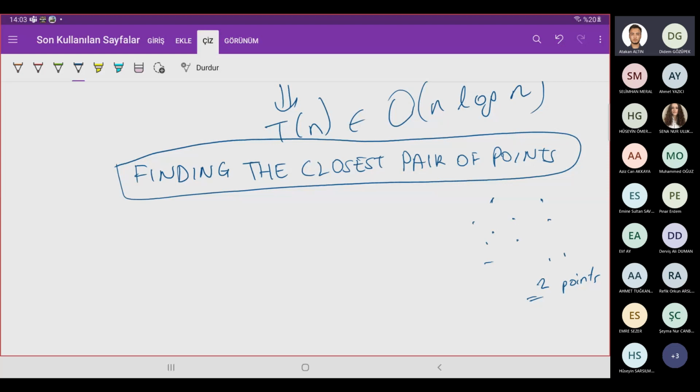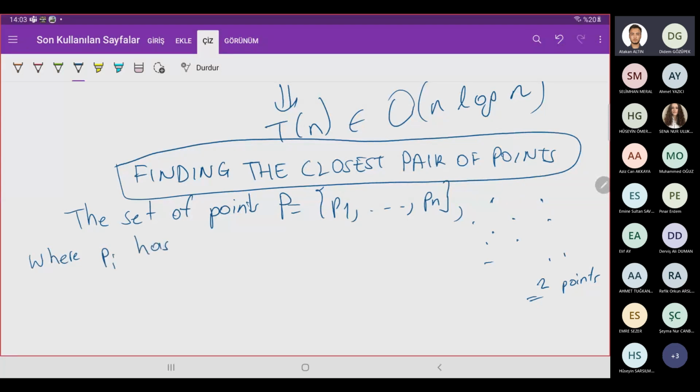So we don't want to use exhaustive search now. We want to use divide and conquer, okay? But let me write the problem again. The set of points P1, ..., Pn, where Pi has coordinates xi, yi, okay?